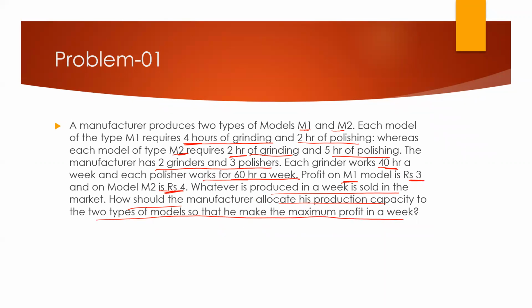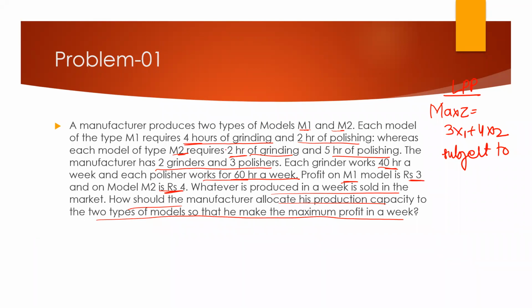This is the question. Principal sir has taught you how to write the LPP equation. Maximize Z equals 3x1 plus 4x2, that is your objective function, where x1 and x2 are the number of units manufactured of models M1 and M2. Then, subject to constraints, you learned writing the constraints.